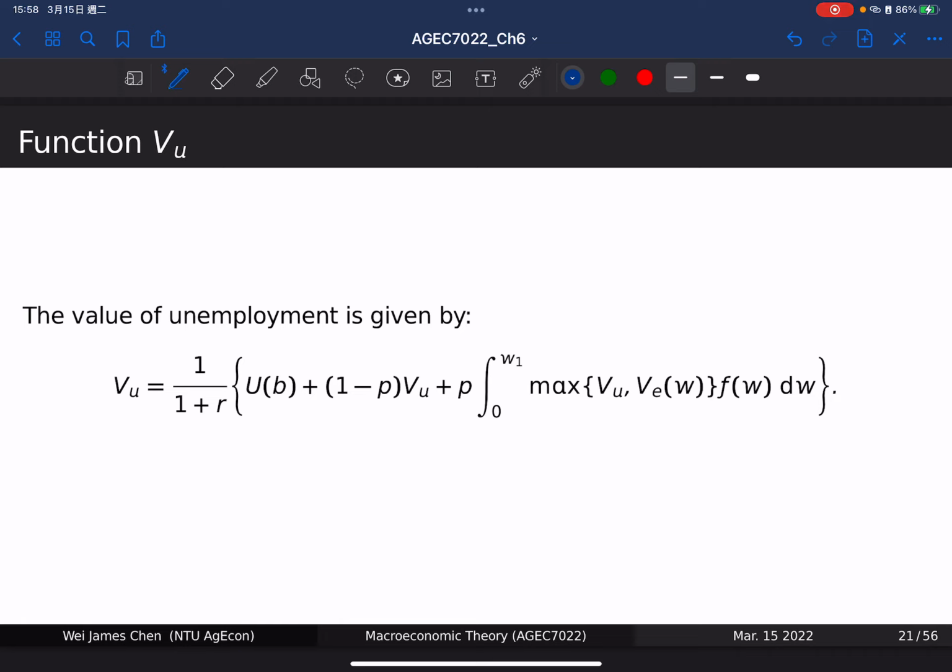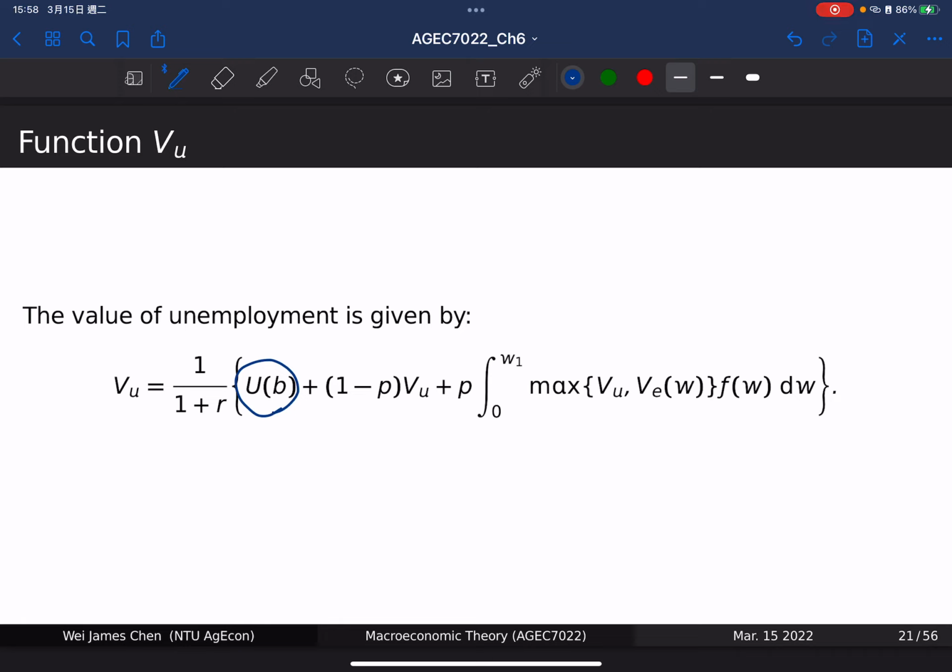That's the value for you to be not employed, right? So after one period, because this period you are unemployed, you will receive unemployment insurance. That's going to be B. So you will receive U of B. That's the consumption utility you get for this period.